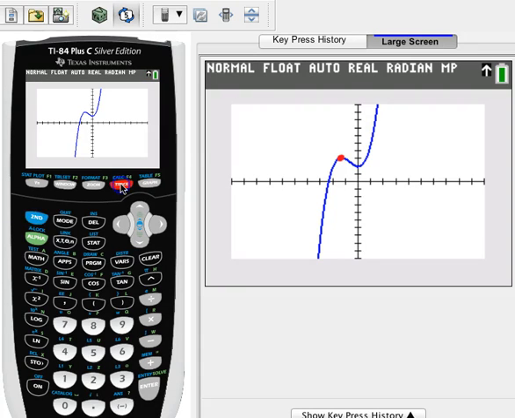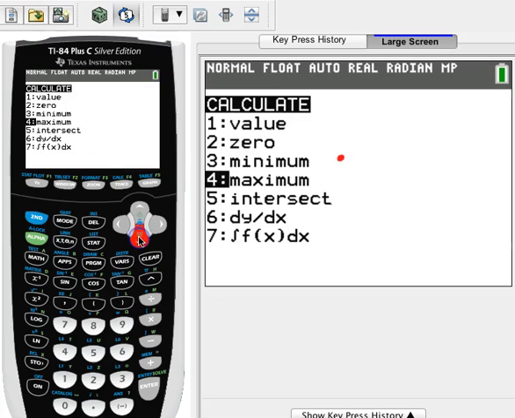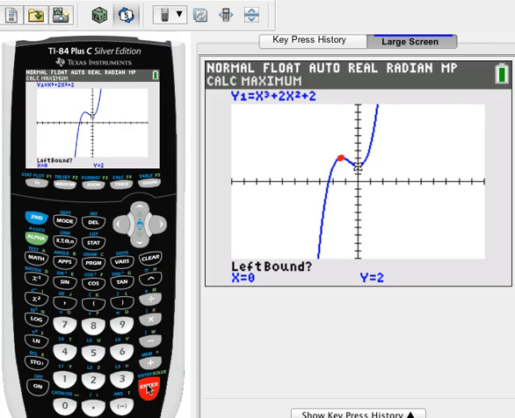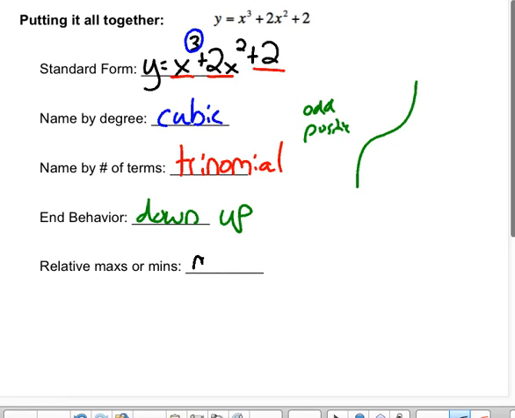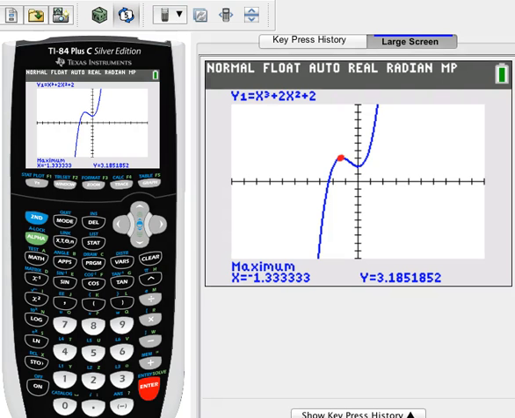So I'm going to calculate that maximum. I need to get to the left of it and get to the right of it. Hit enter one more time, and there we go. Negative 1.33 and 3.19. So we have a max at negative 1.33, 3.19.